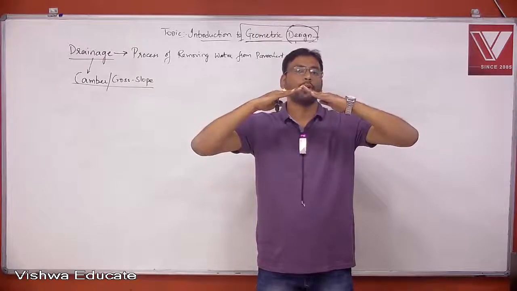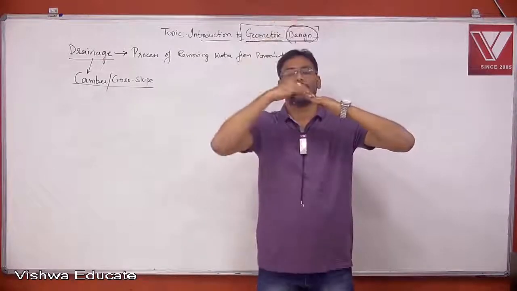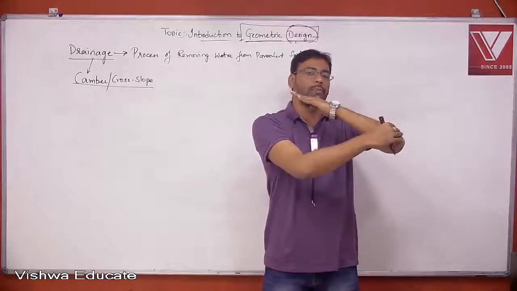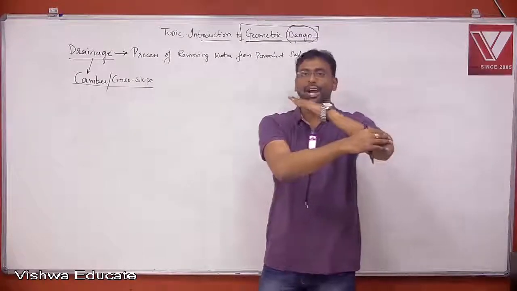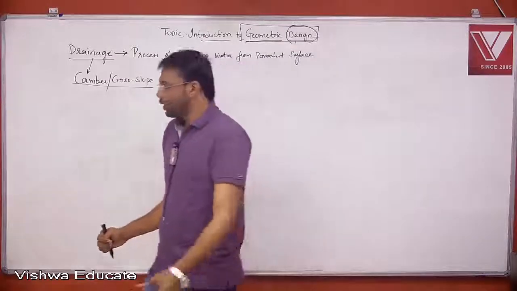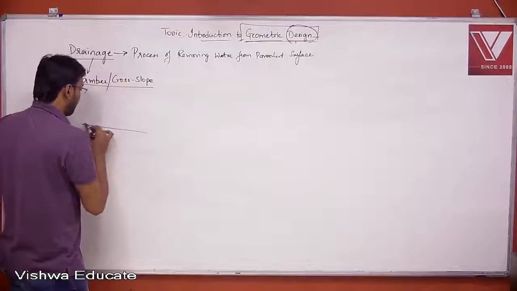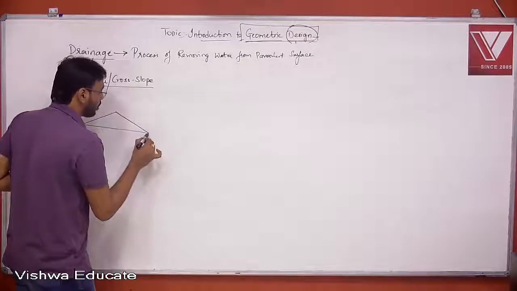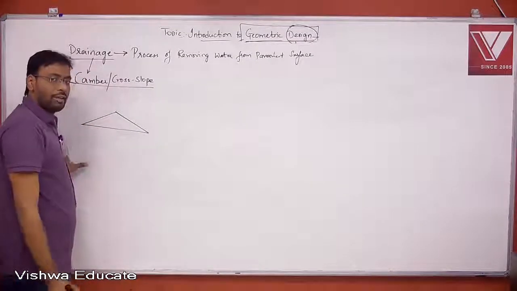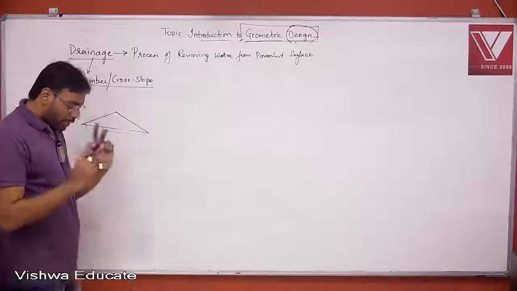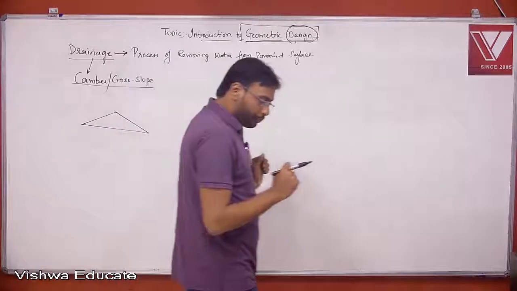So if I provide my road this way, if water comes, due to the slope it falls and goes away automatically through gravity, right? So camber or cross slope is nothing but a slope provided in the lateral direction.